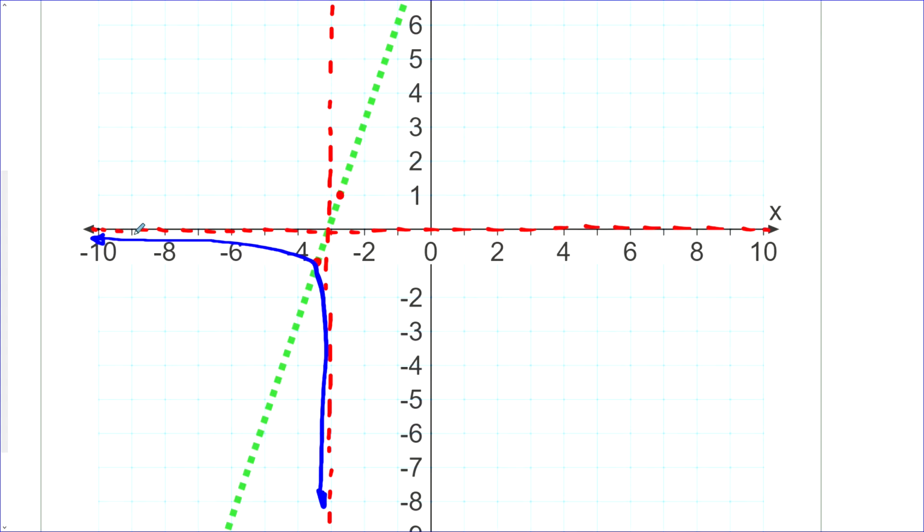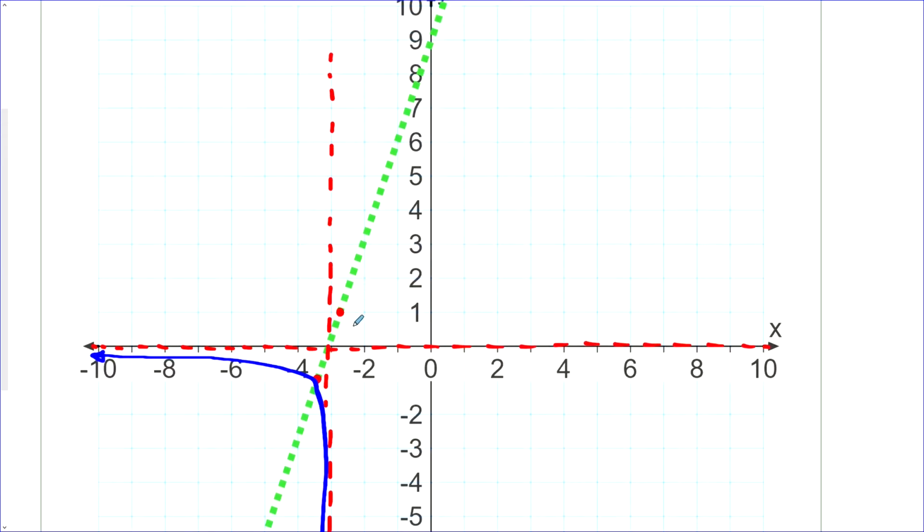We know it's not up here because this would be increasing, so it would be going up. So that wouldn't work. And it doesn't pass through our invariant point anyways. This one here, the original is increasing, so that means our reciprocal needs to be decreasing, snuggling up next to our vertical asymptote, and then our horizontal asymptote, passing through that invariant point there, and off we go.